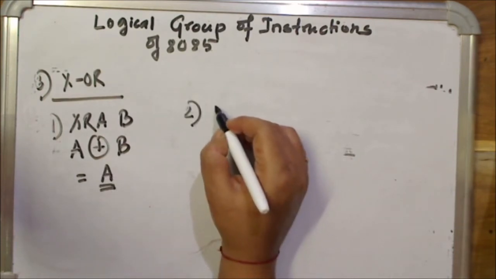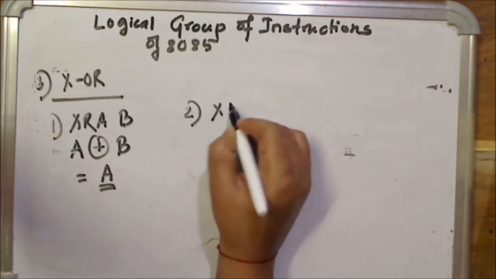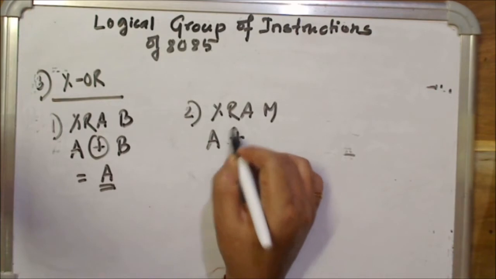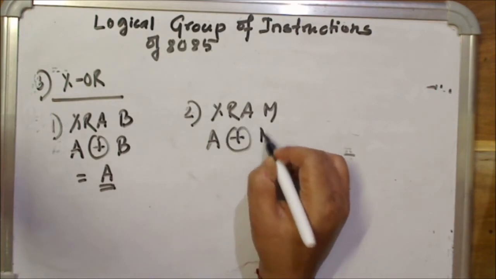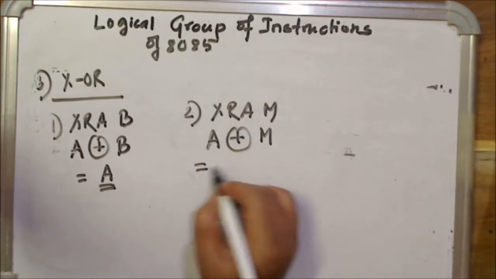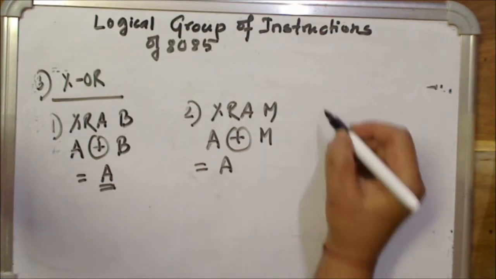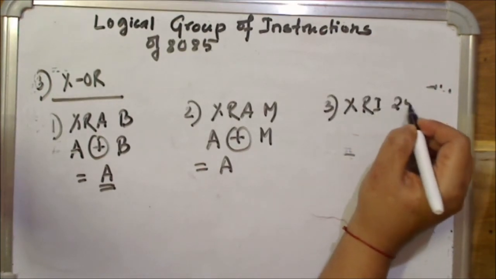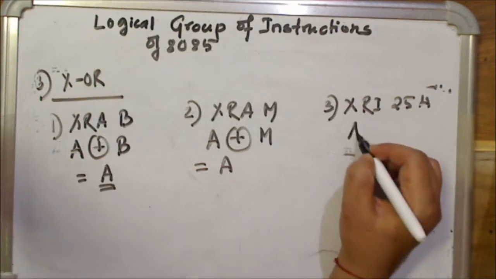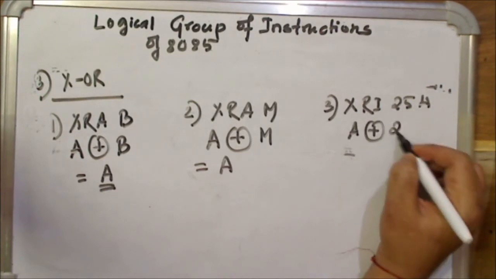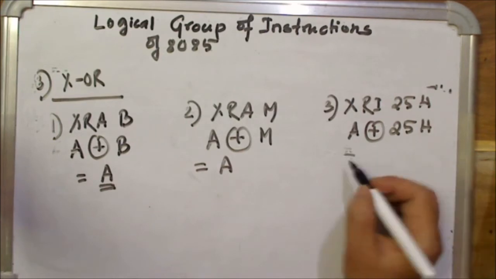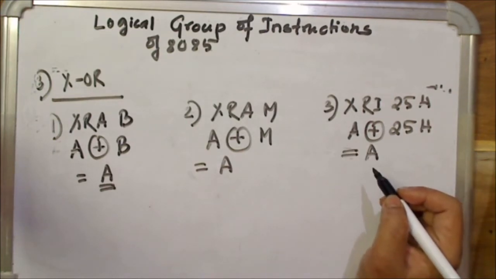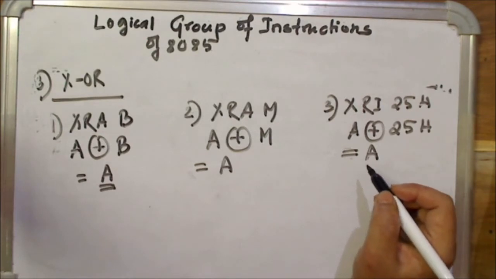Same, XRA M, that is the contents of accumulator will be XORed with the contents of memory location pointed by HL pair, and the result will be stored in accumulator. Then XRI 25H, that is the contents of accumulator will be XORed with the data 25H, and the result will be stored in accumulator. So I hope all these instructions are clear.